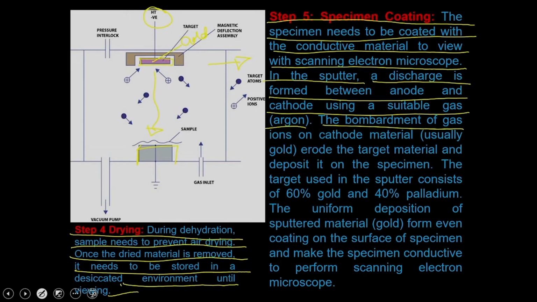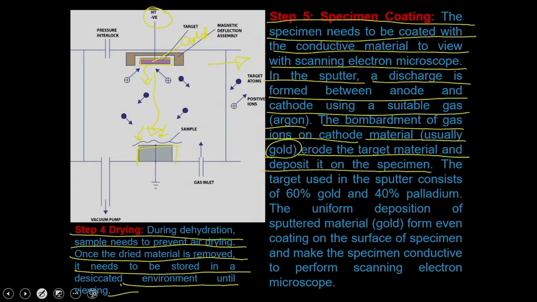The bombardment of gas ions onto the cathode material, usually gold, erodes the target material and deposits it onto the specimen. So, when you bombard your target substance, like the gold in this case, with the ions, the gold comes out and deposits onto the sample as per the morphology of that sample.